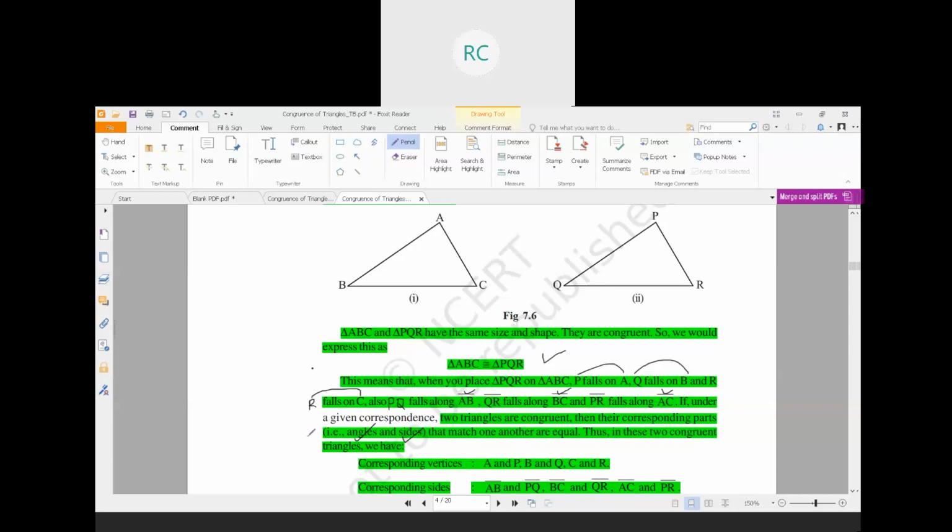Okay? So, if we say this triangle, what are the corresponding parts? Vertices, sides and angles. So, all the vertices, sides and angles of this triangle should match with this triangle. That is, vertices, sides and angles of ABC should match with vertices, angles and sides of PQR.